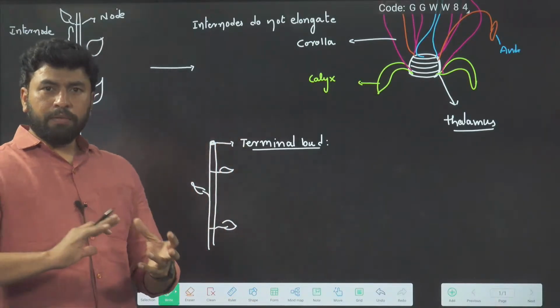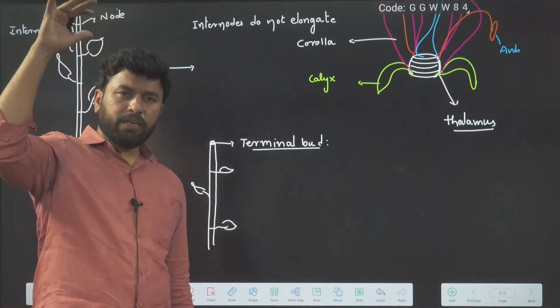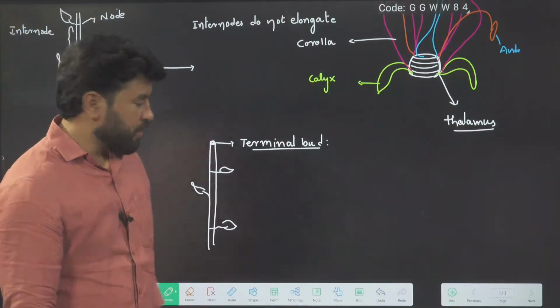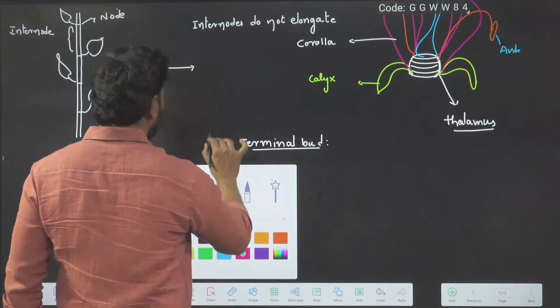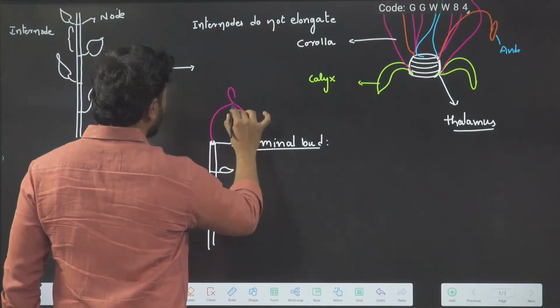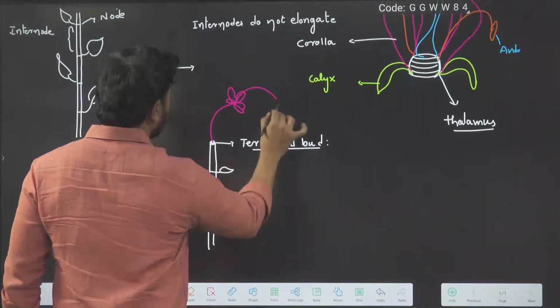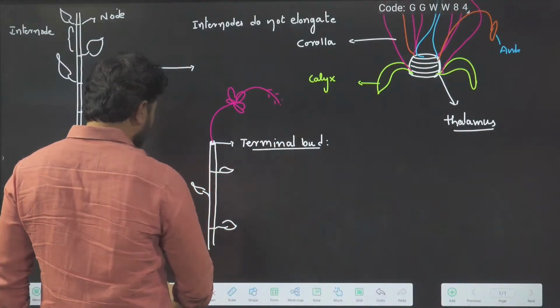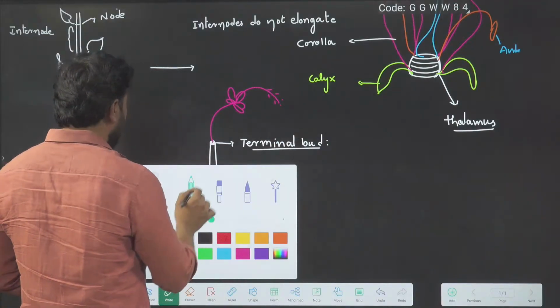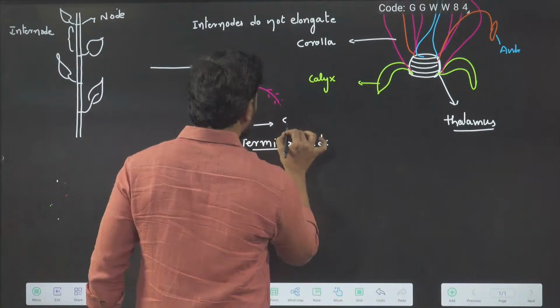Instead of making the shoot tip elongate and produce many flowers, the shoot tip will be converted to only one flower. If the shoot tip is converted to only one flower, such kind of inflorescence or such kind of flowers are called solitary flowers.